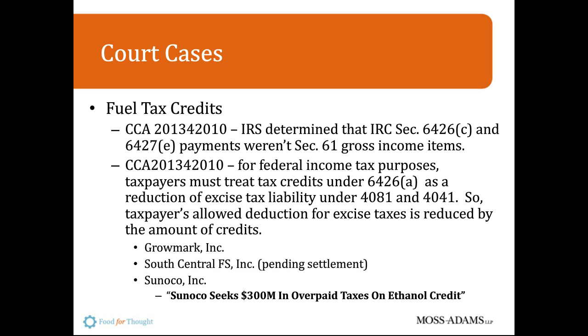So the first ruling said, well, it's not includable in income, and so the result was that if you were a mixer of biodiesel or a user of propane in your operations, normally when you got those credits, you reduced your cost of goods sold, or if it was the propane credit, you might have reduced some of your warehousing expenses. But for tax purposes, they were not taxable, and so it created a permanent difference, an increase to cost of goods sold or an increase to your warehousing expenses that would dramatically reduce your taxable income.